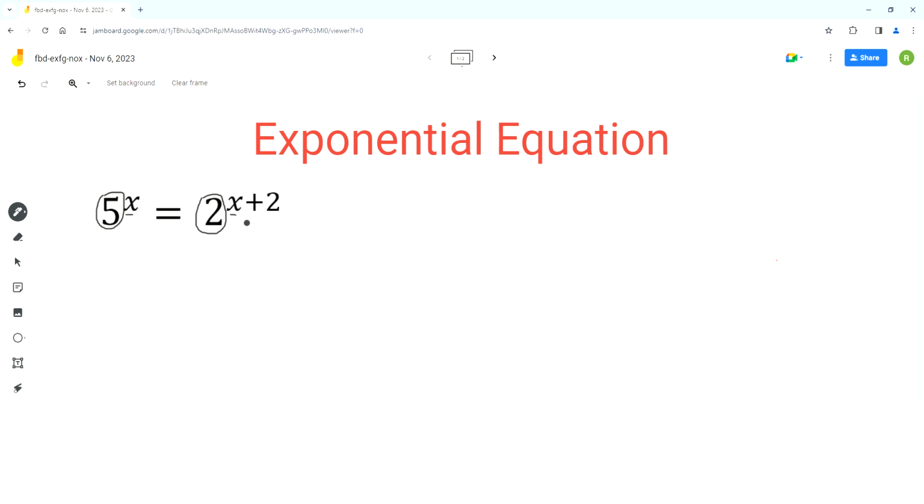By applying log, we'll be able to bring that x down from the exponent to the coefficient level, and for that, we'll use the power law of log. So the first step here is to apply log to both sides. The left side becomes log of 5 to the power x equals log of 2 to the power x plus 2.